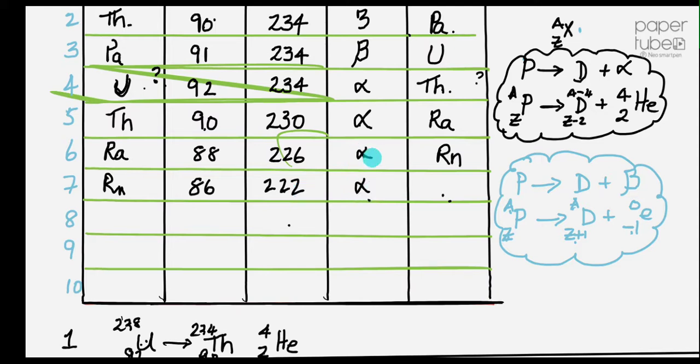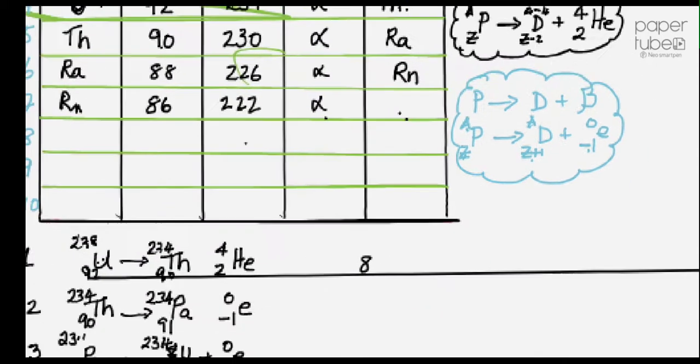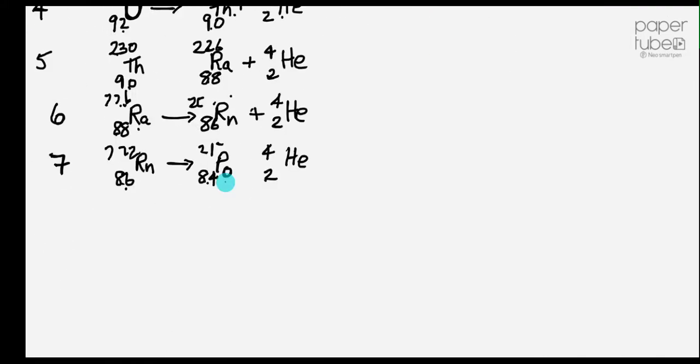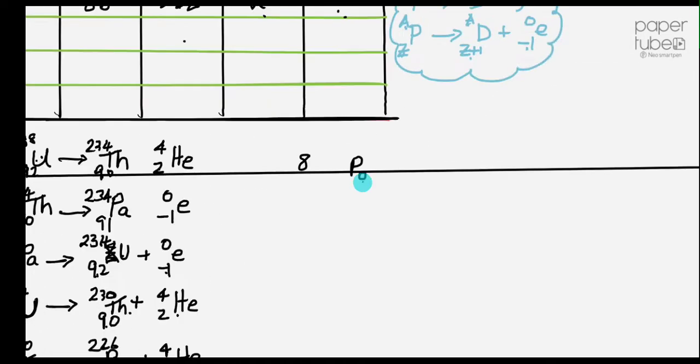That's alpha. Now I'm going to do question number 8. So what have I got? I've got polonium. And I've already got polonium earlier on. Look, there it is down here. So I'm back up here with the polonium. Ignore that black line. I don't know how I got that there. 218 goes to lead, old plumbum, 82, and an alpha particle.